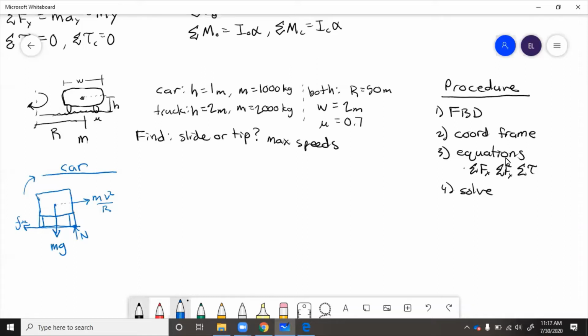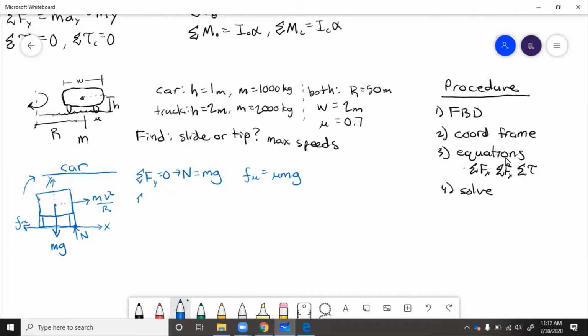So next we assign the coordinate frame. So we'll say this is x. This is y. Then we need our equations. Sum of the forces in the y equals 0. N equals mg. And F mu equals mu mg.